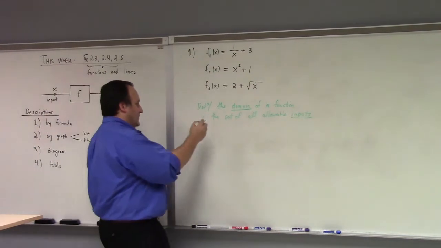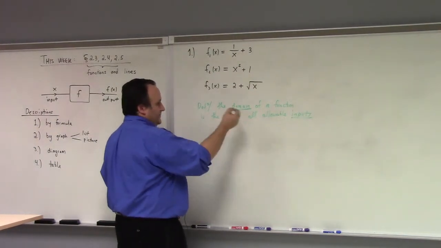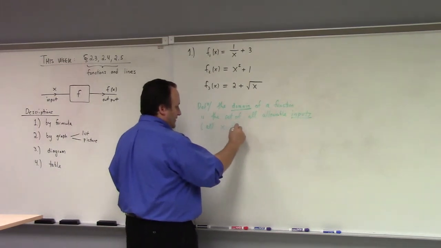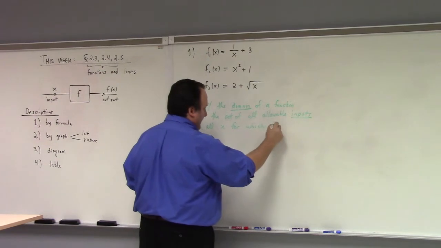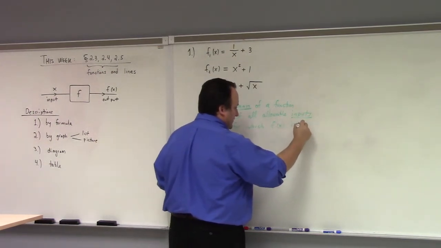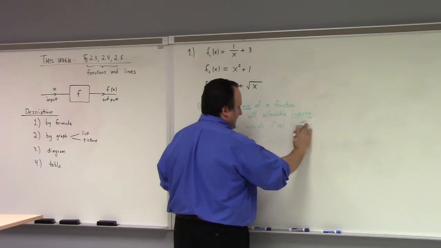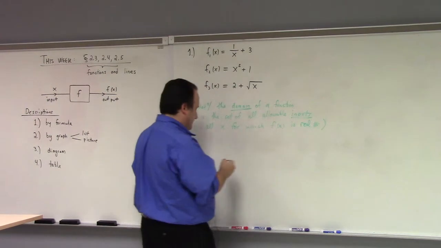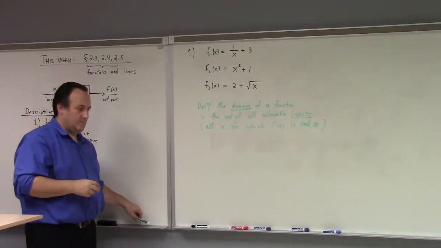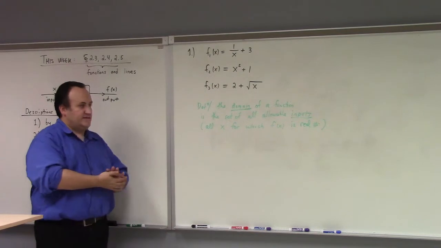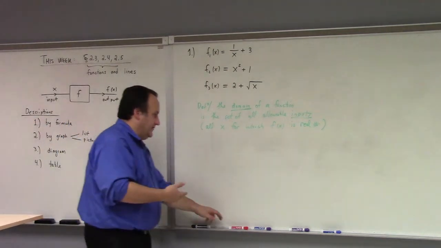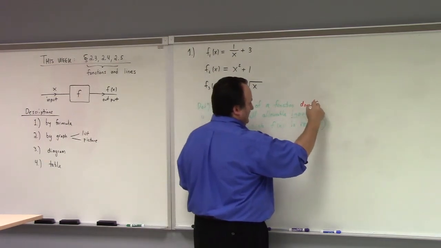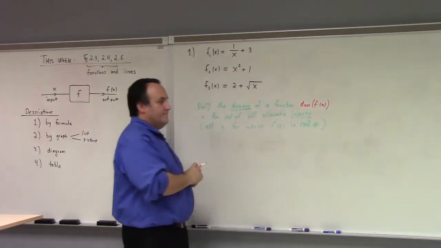So for this, it's all x for which f of x is reasonable. Well, let's say is real valued. It's a real number. All right. So that's the domain of a function. And we have notation for that, right? We call that domain of f of x. All right. That's our notation.